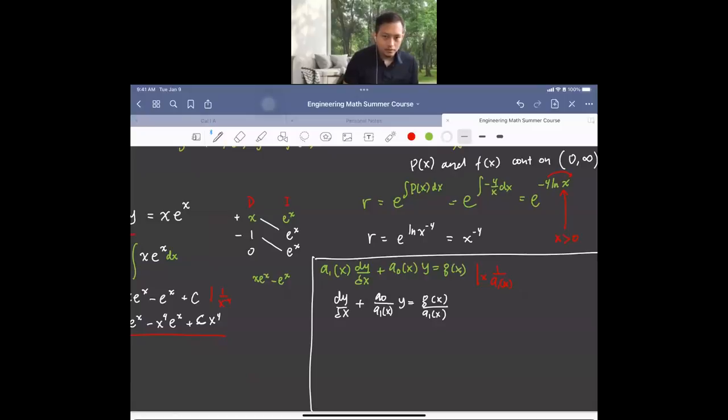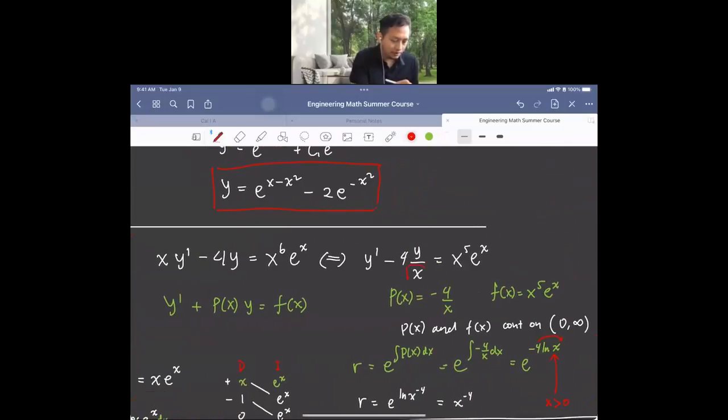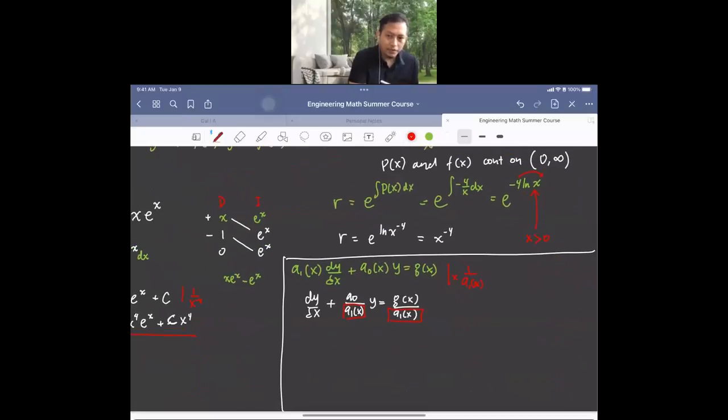Now, from here, as we did in our solution, we need to make sure that this x is not 0, right? So the values of x for a1(x) equals 0 are called the singular points.